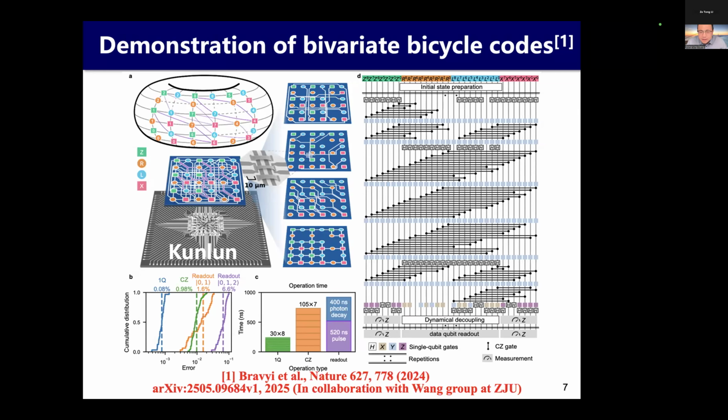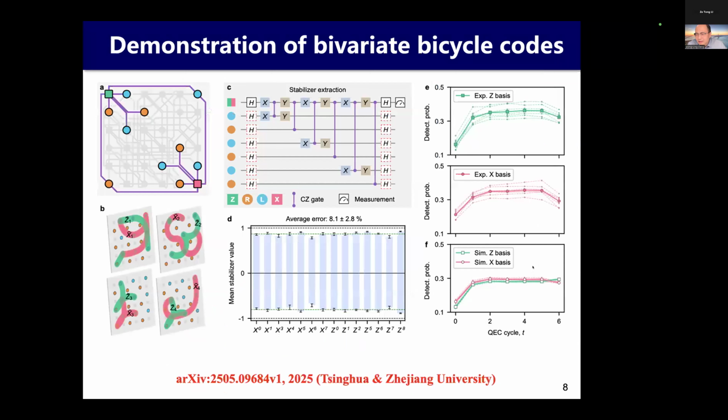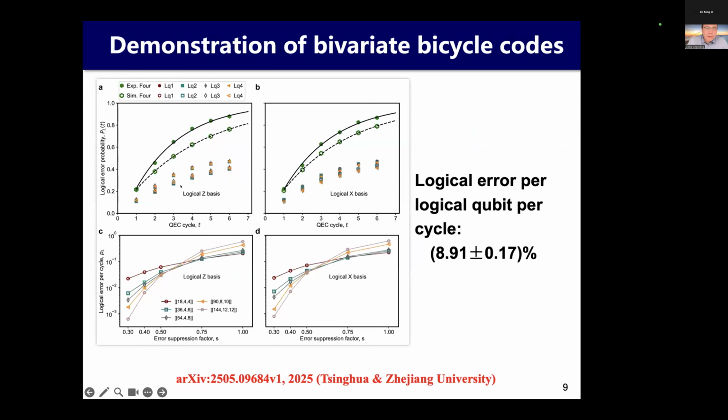In our experiment, we run error correction up to 6 cycles, as shown here. We then measure in both the Z basis and the X basis, and detect the error probability. As I mentioned, we have 4 logical qubits in total in our experiment.